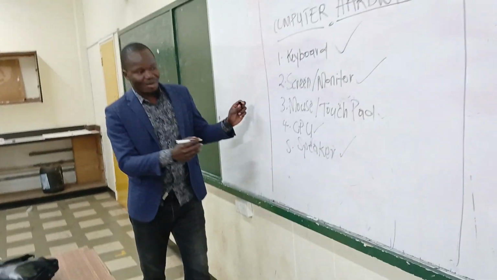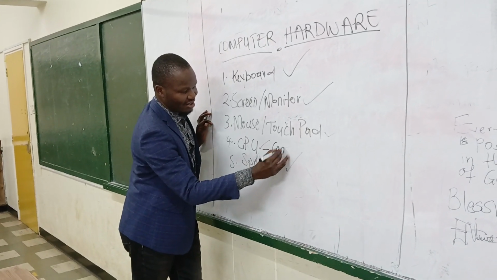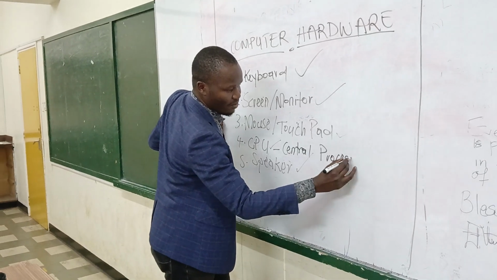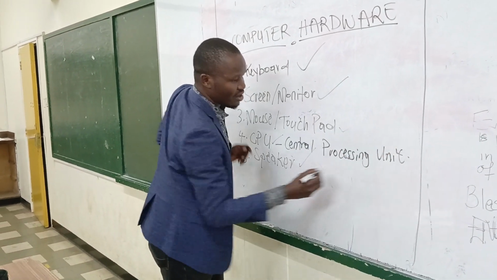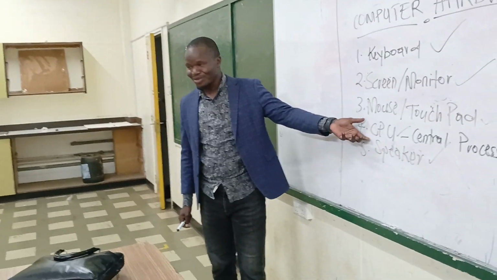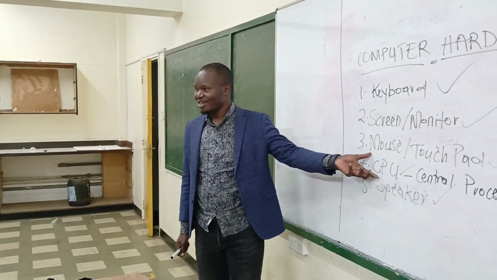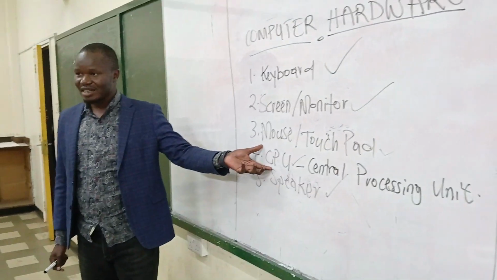So when we talk about the CPU, this is an abbreviation for Central Processing Unit. So again, in our next class, we are going to go deeper into the parts of the CPU. This is where the processing takes place, and we get the results.